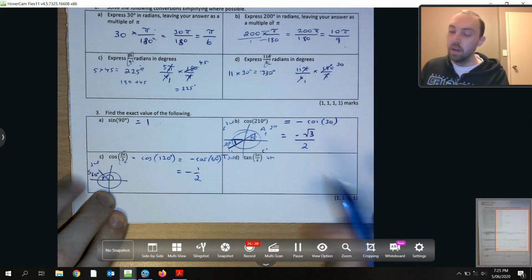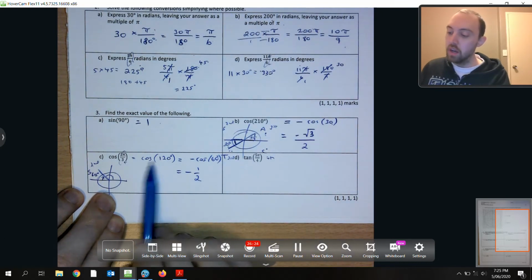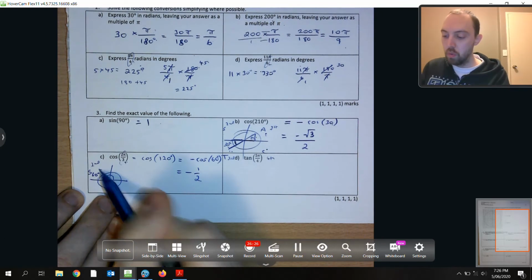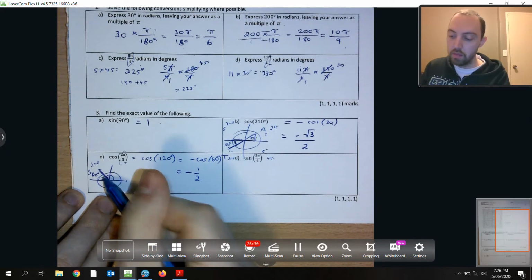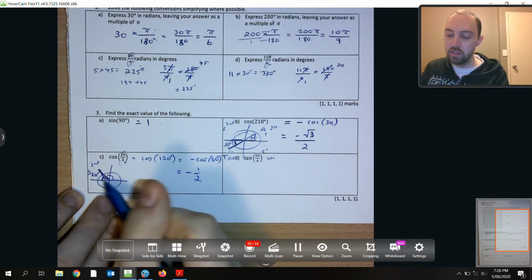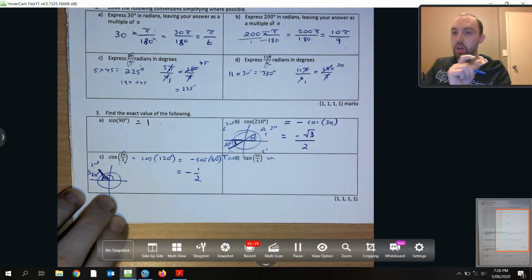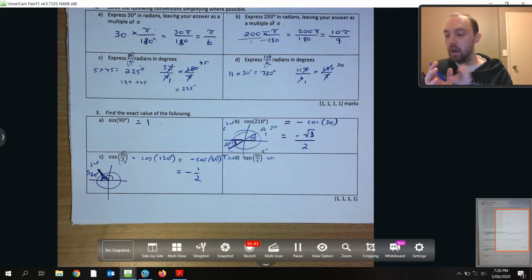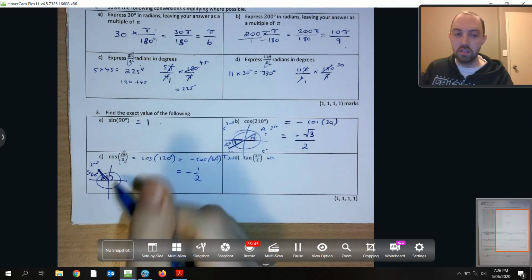Alright. So, quick recap, what we're doing is we are considering what quadrant we're in, we are considering what angle that line makes with the x-axis, wherever that is. Okay, we're looking for the acute angle, so between 0 and 90. So you don't want to say, oh, it makes an angle of 120 degrees, because then you're back where you started.